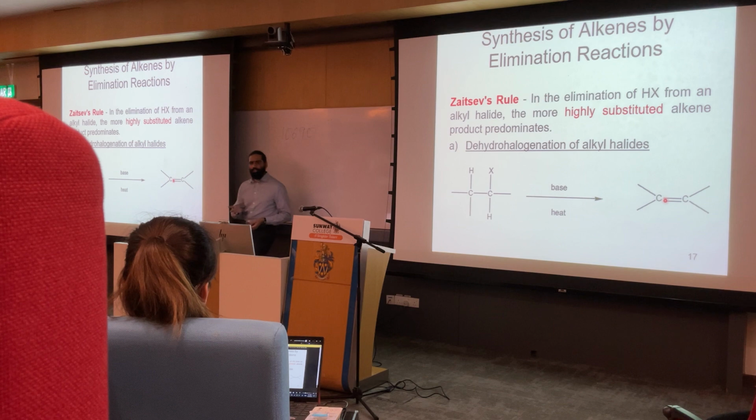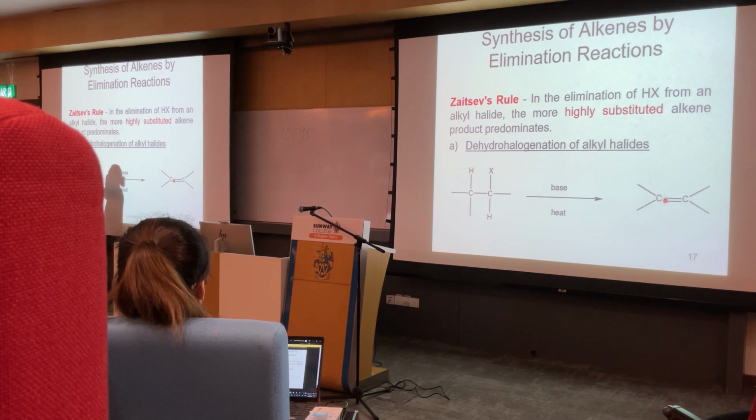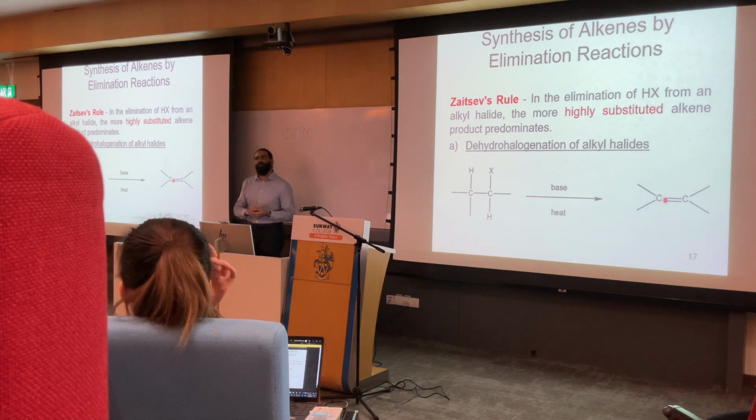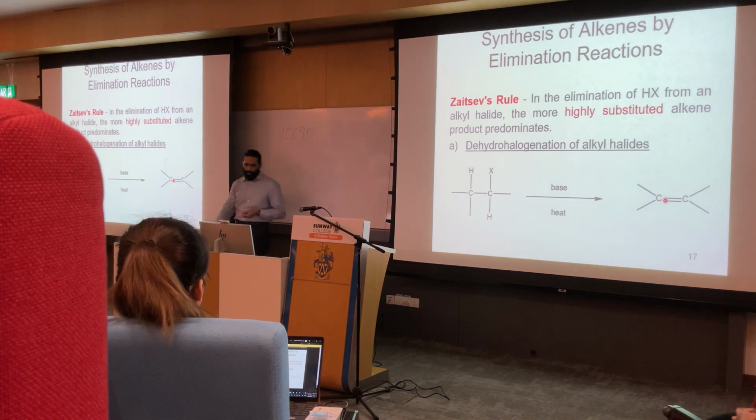So dehydrohalogenation means removal of hydrogen and halogen from neighboring carbons. With the removal of two atoms from the neighboring carbons, a carbon-carbon double bond is formed. But where this double bond is formed is dictated by Saytzeff's rule, which we will see from examples in the next few slides.